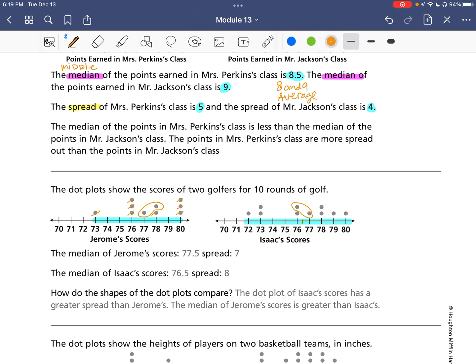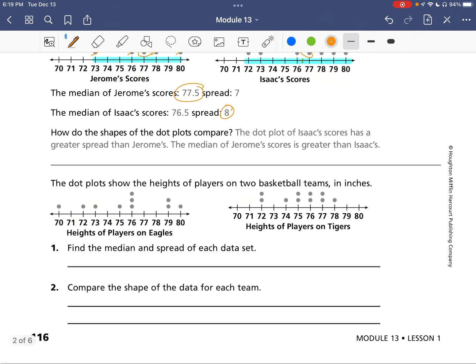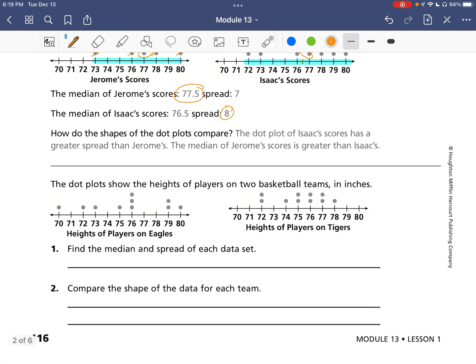So Isaac's has a bigger spread of 8 versus 7. And the median of Jerome's score is greater than Isaac's. Okay, greater than Isaac's.